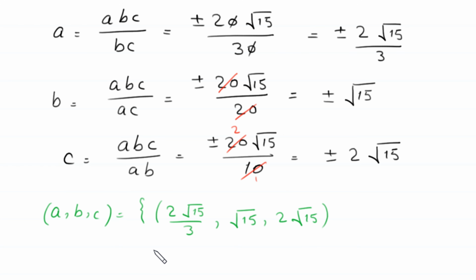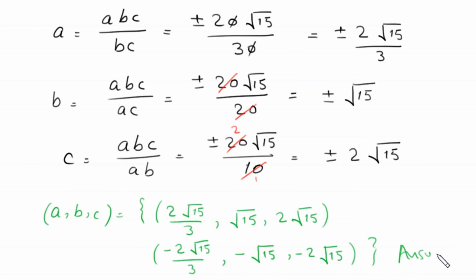And second pair is negative 2 times root 15 over 3, negative root 15 and negative 2 times root 15. This is the final answer of this system.